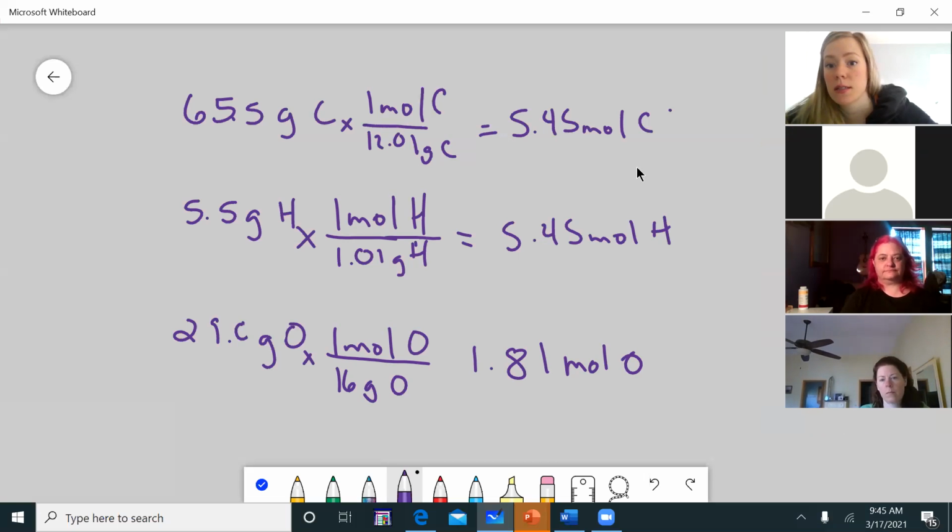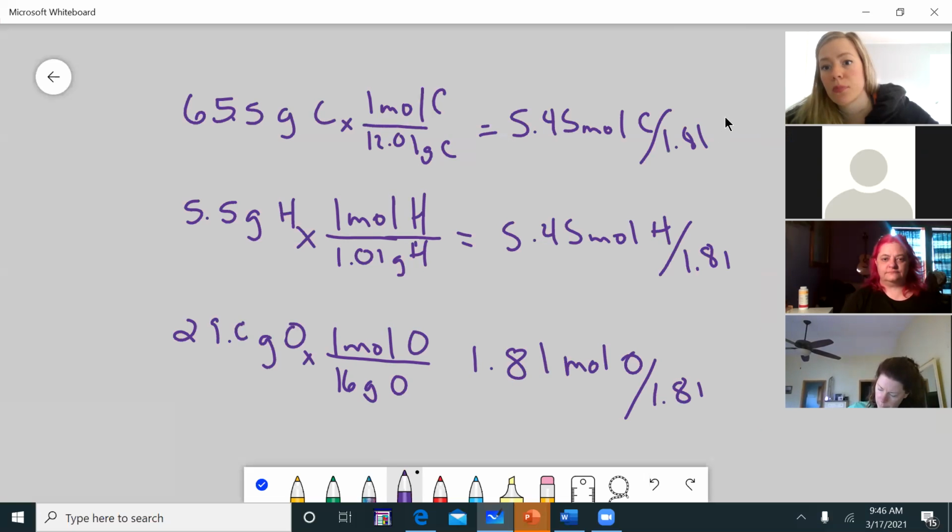So we want to get it into whole numbers. The fastest way is to divide everything by whatever the smallest decimal is. So in this case, it would be the 1.81. 5.45 divided by 1.81. Let's hope it's a whole number. It is like 3.011. That's close enough to 3. Okay. So this is 3, this is 3, and this would be 1.